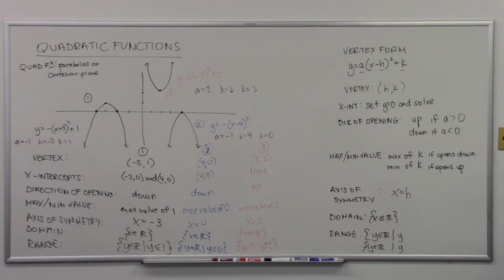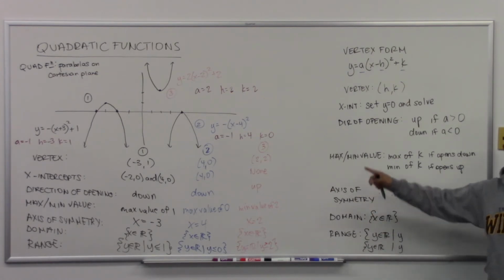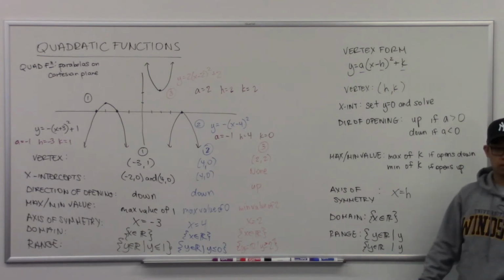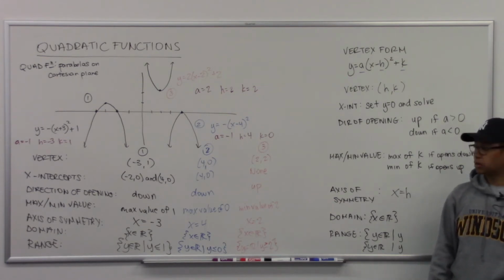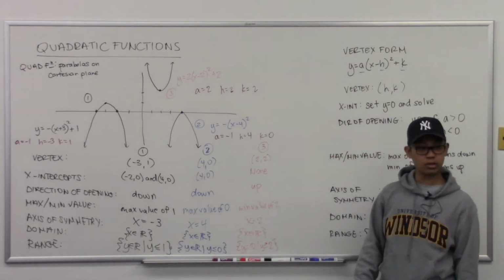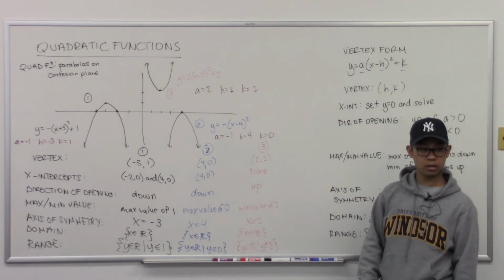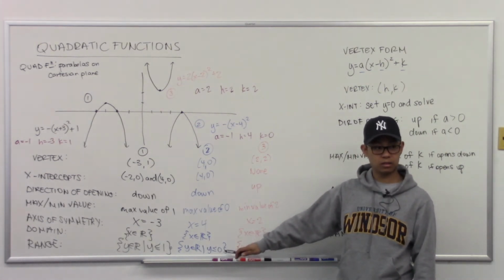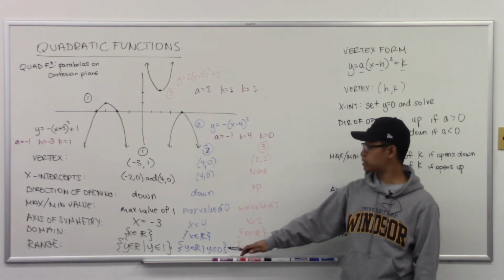The A, H, or K? Look at the range and tell me, is it the A, H, or K, Jules? Okay, what value is here? Is that the A, H, or K? Here, is it the A, H, or K? Right, it's always the K.